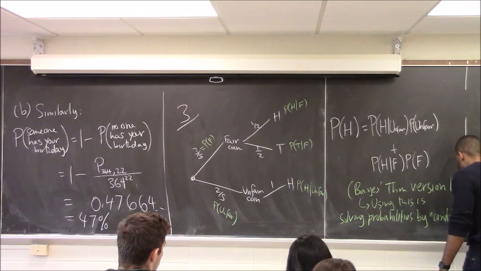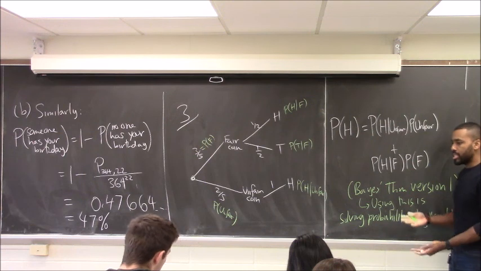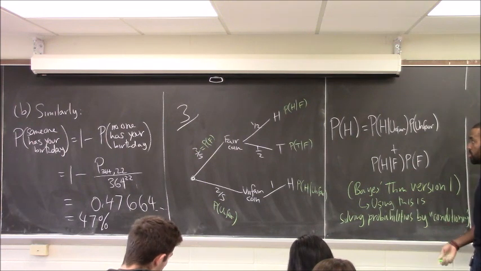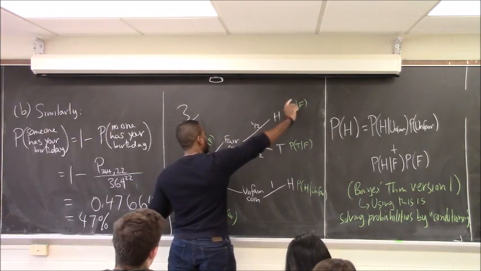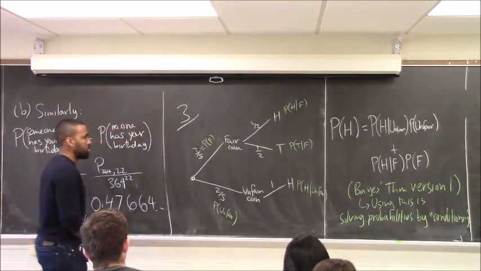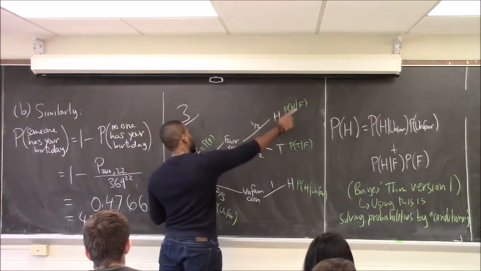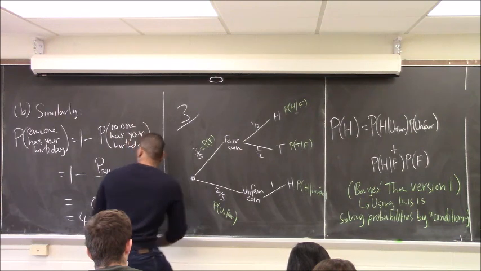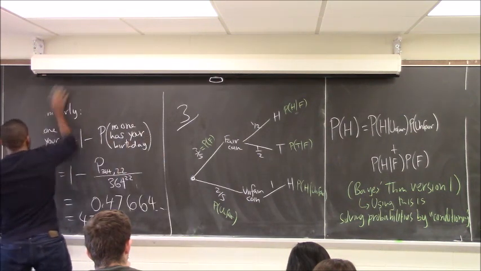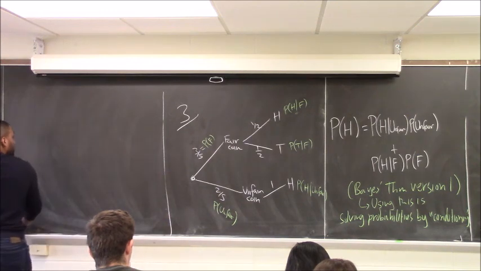So first we set up some conditions. The chance of you getting heads is based on the condition of whether you got the fair coin or the unfair coin. So yes, the tree diagram idea still works, you multiply along it, but don't make the mistake of thinking that alone implies independence, because it doesn't here. Ultimately, you get the same answer, but I want to make sure you're thinking about it the right way.